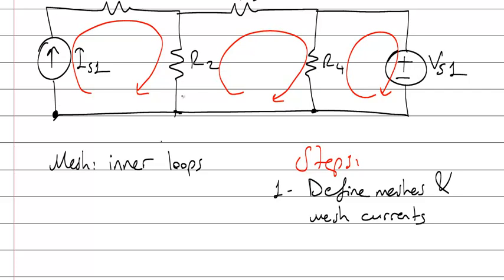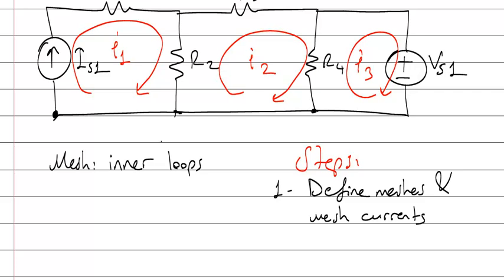Let me give a name, I1, mesh current. What's I1? I1 is the current flowing on the first mesh. The second mesh current is I2, the third is I3. Because there are 3 meshes, I have defined 3 currents.